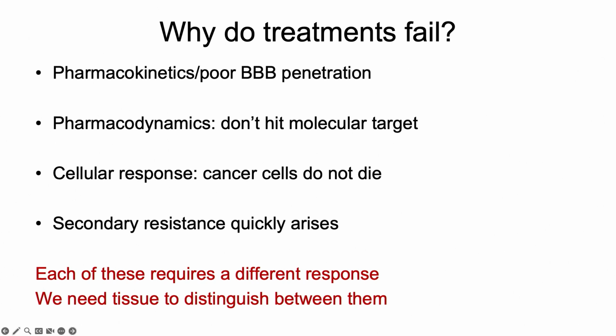and secondary resistance arose quickly. Figuring out each of these is important because any of them would require a different response, right? If you're just not getting into the brain, well, maybe you should find a way to get into the brain better. If you're hitting your molecular target, but the cells don't die, well, you have to rethink the therapy.